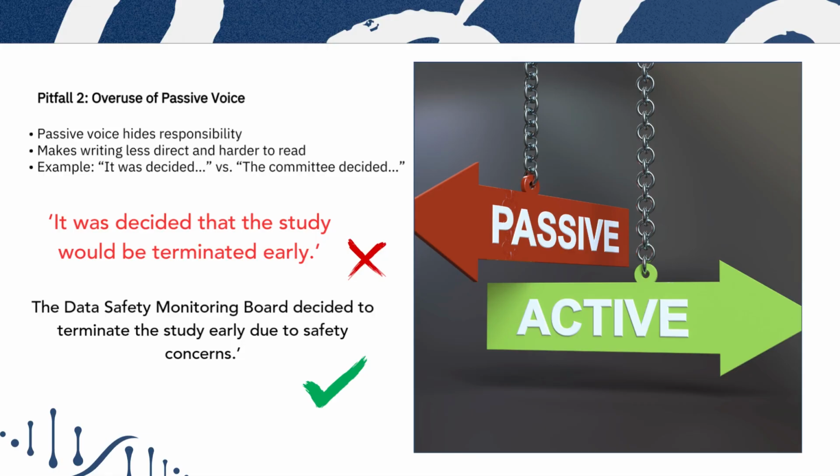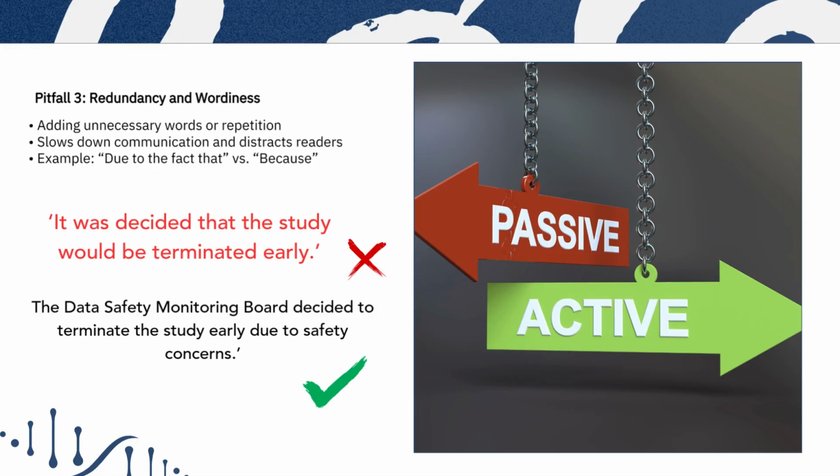Here, who did the storing isn't important. But when the actor is critical, when responsibility matters, active voice is always stronger. Overusing passive voice makes your writing heavy, distant, and hard to trust. Active voice, on the other hand, brings clarity, accountability, and energy to your message.